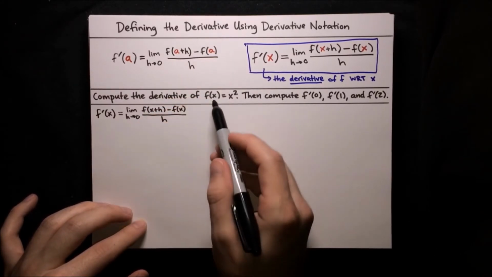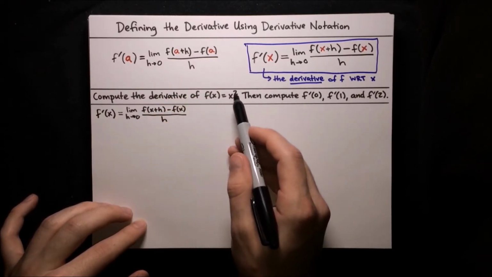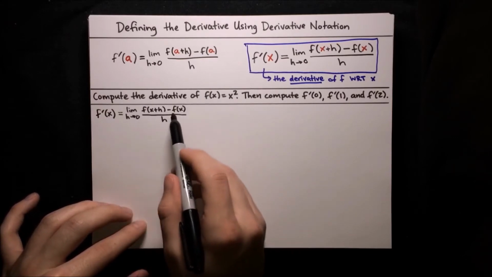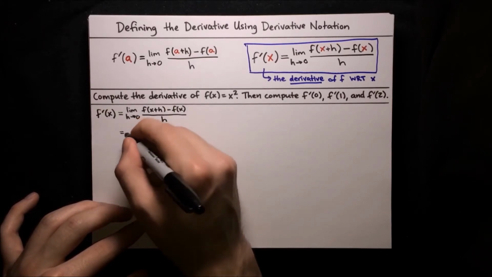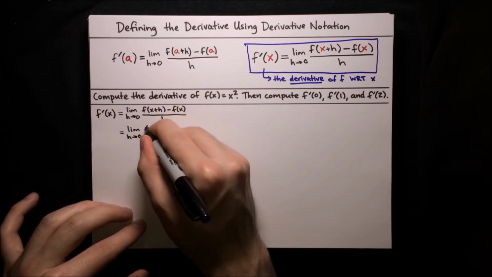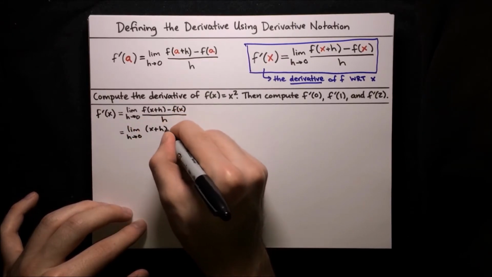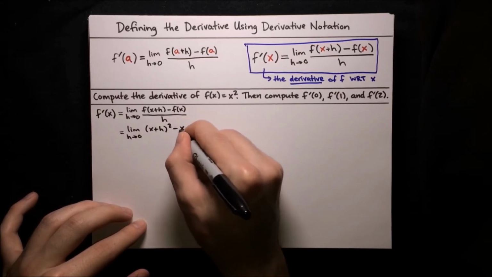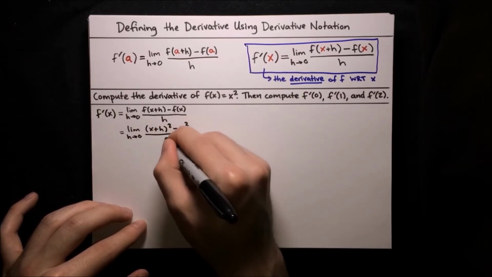Now we're told that the function is f of x equals x squared, so we can evaluate these f's in the numerator using that rule. So this is the limit as h approaches 0 of x plus h squared minus x squared all over h.